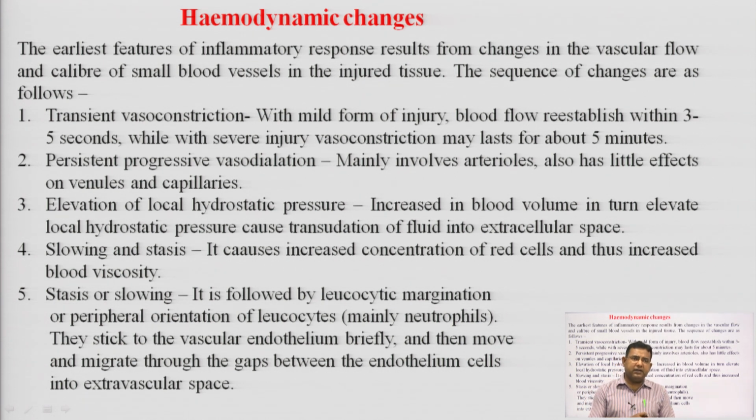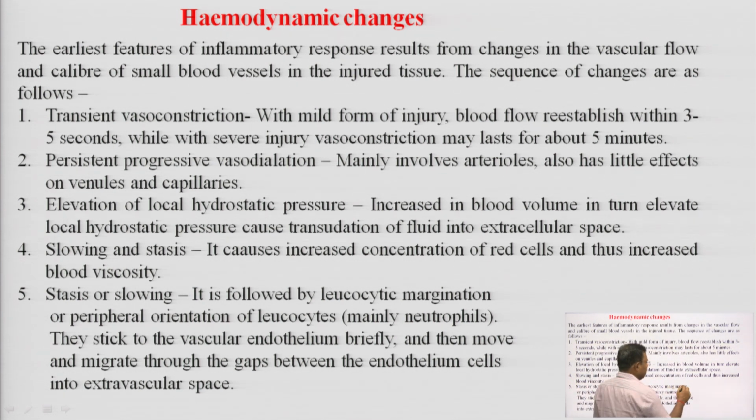Fifth one, stasis or slowing is followed by leukocytic margination. When there is a lower speed of flow, the cells flowing through the bloodstream will be marginated, that is, peripheral orientation of leukocytes, mainly neutrophils.